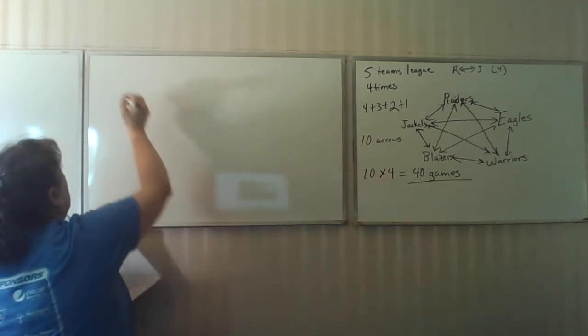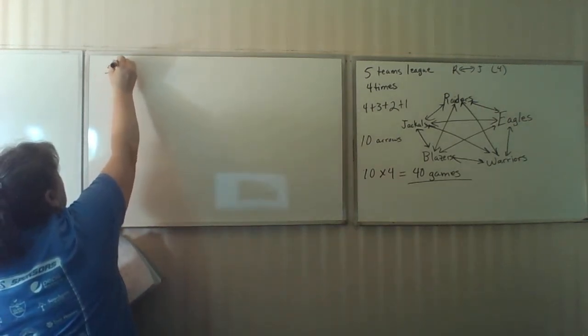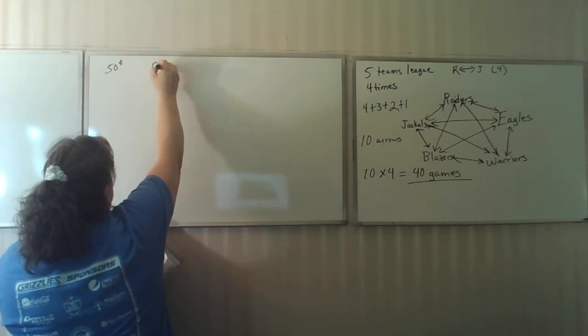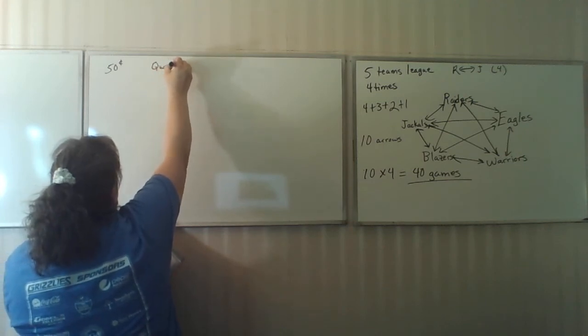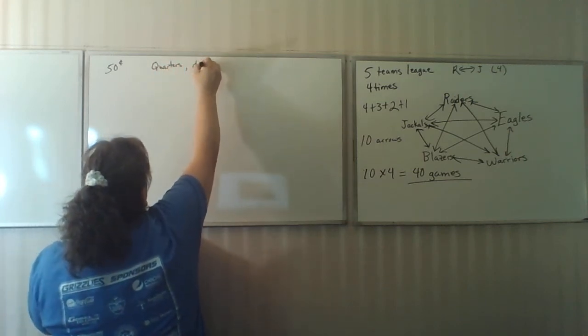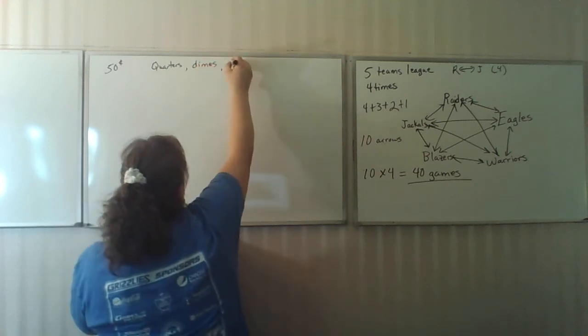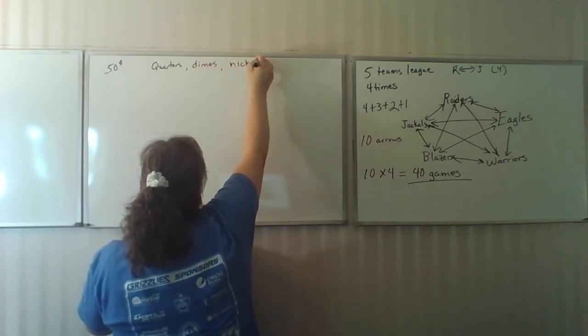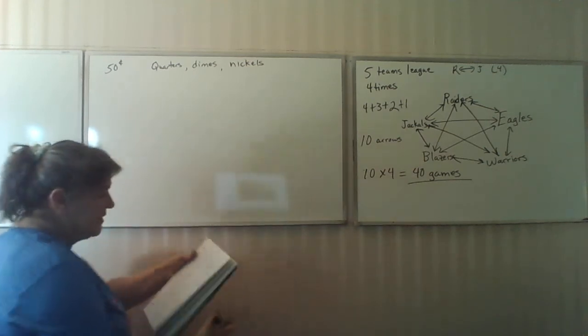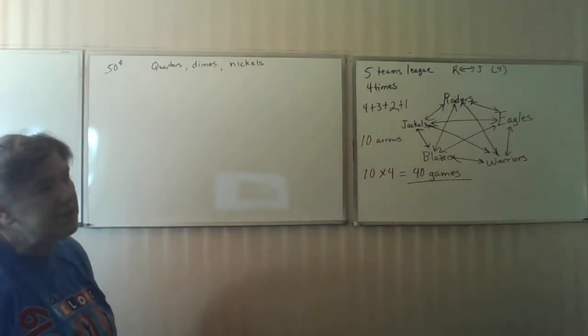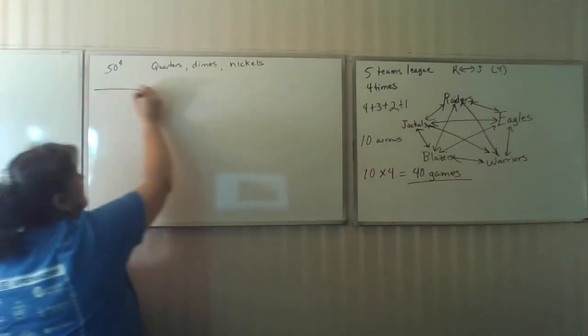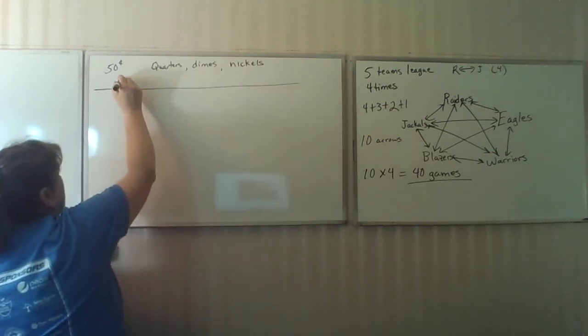So, I have 50 cents. I have quarters, dimes, and nickels. How many ways can I make 50 cents with those particular amounts? This one is easier to do with a chart.